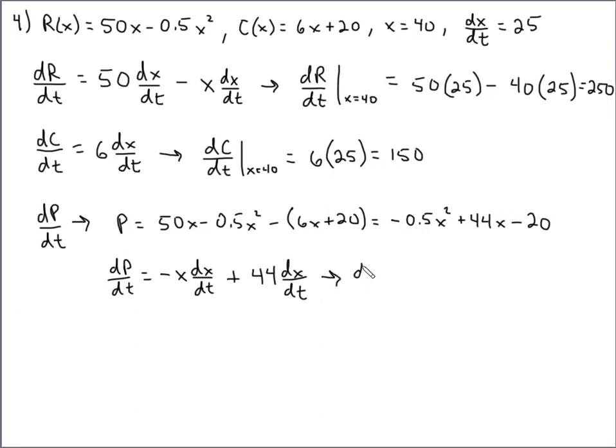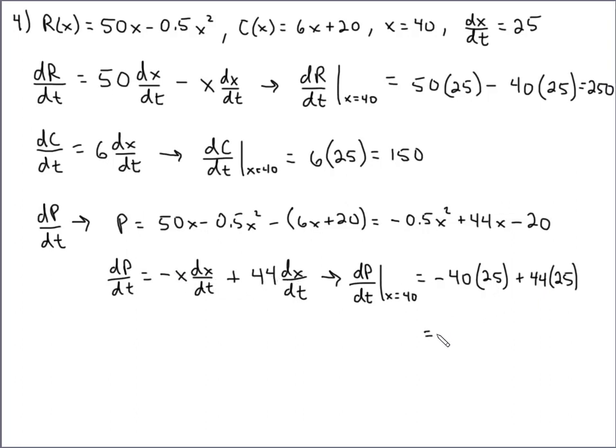So finally we'll want to plug in the values that were given, dP/dt when x is 40, so minus 40 times dx/dt, we said was 25, and plus 44 times another 25. This is just plugging in the x and the dx/dt.